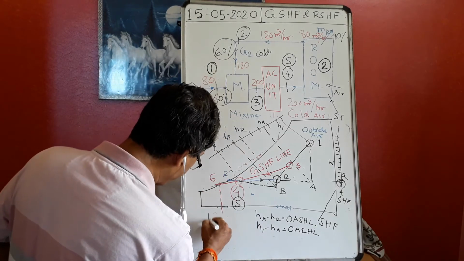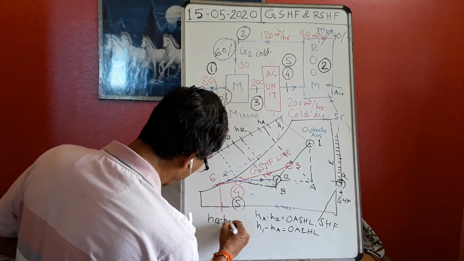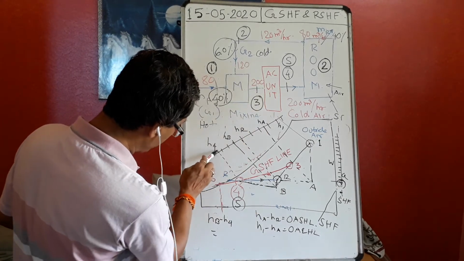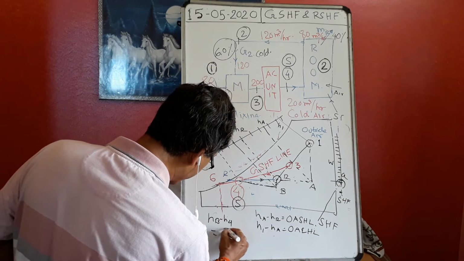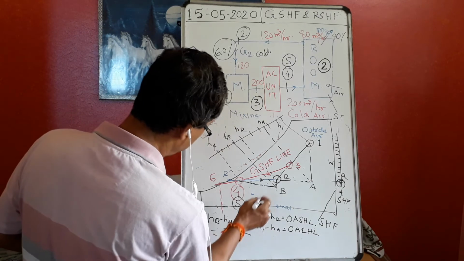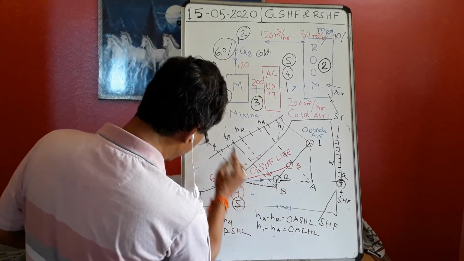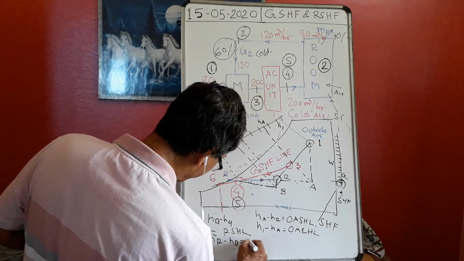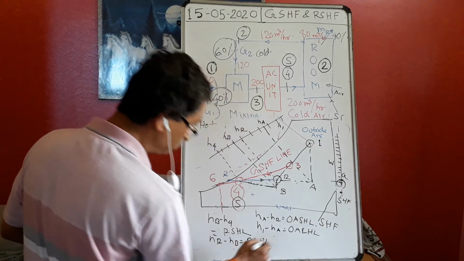Then HB minus H4 is the room sensible heat load, and HR minus HB is the room latent heat load.